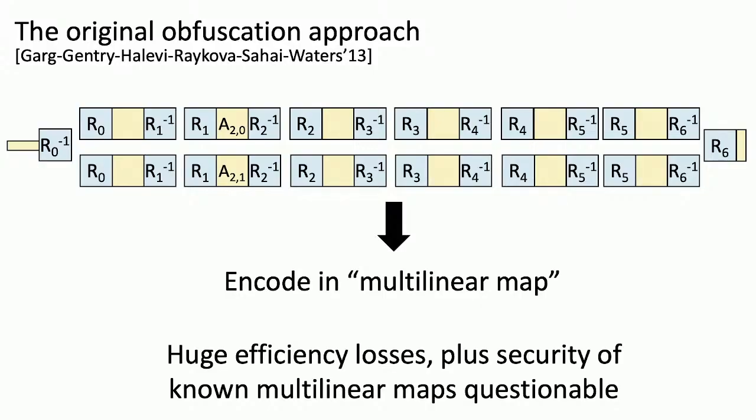We did get to a point where we had models of how these multilinear maps worked, where the obfuscation schemes would be secure in those models, but it was very delicate, and these attacks really shook our confidence in the security of the multilinear maps.